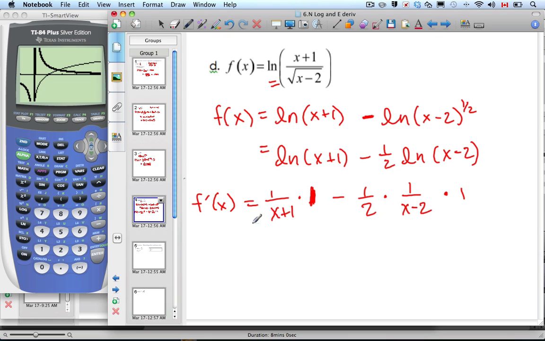So now we just have 1 over x plus 1 minus 1 over 2x minus 4. Done. Good enough. All right, let's pause there.